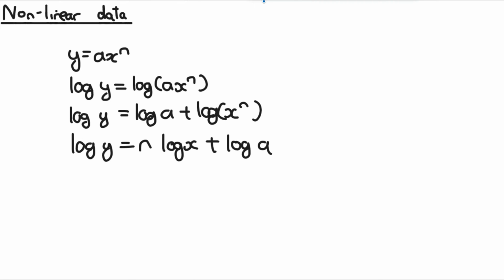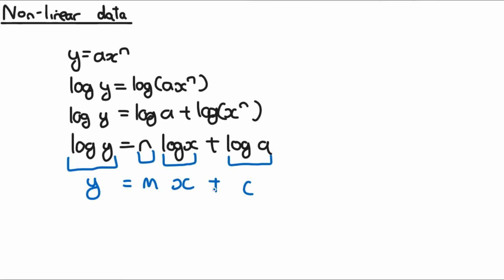And this is a linear graph because this here is the y. This here, I'm going to put an equals here, this here is the gradient. This here is the x. And this here is the c, the y-intercept. This is a graph that is y is equal to mx plus c.